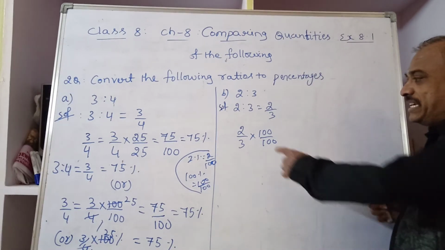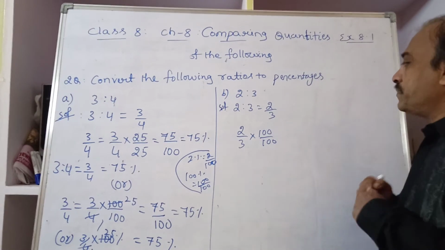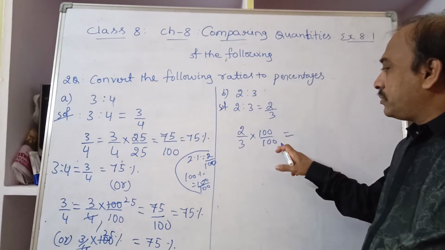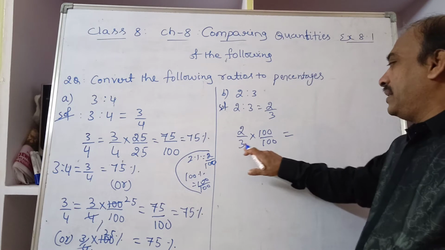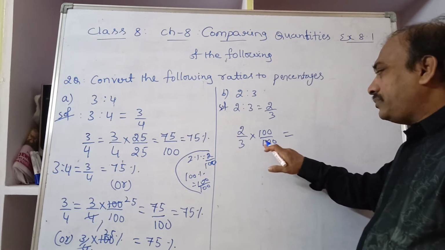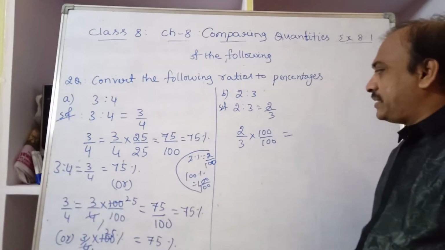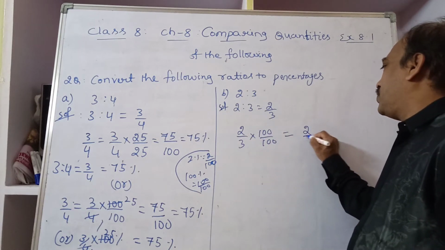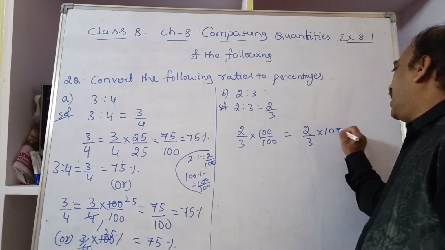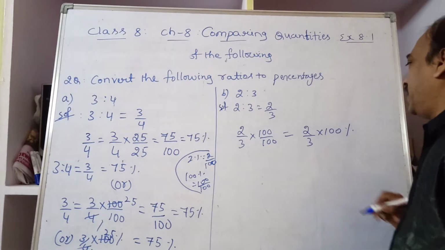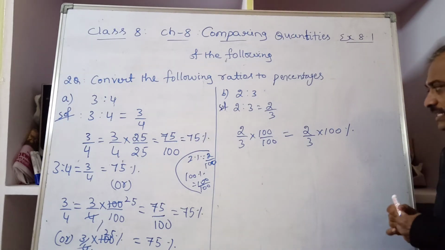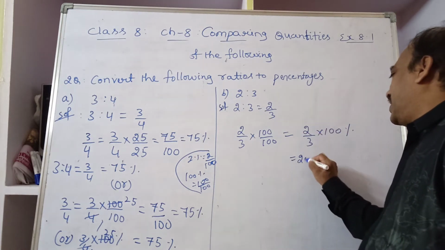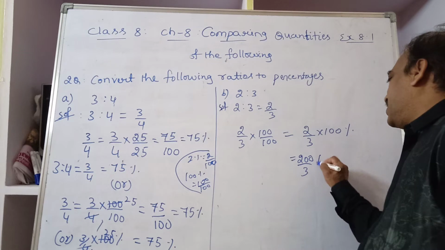So similarly here I am writing 100 by 100, which is equal to 2 into 100, 200, and can you simplify this? No. 2 by 3 into 100 by 100. So we will write as 2 by 3 into 100%. Now 2 into 100 is 200 by 3%.